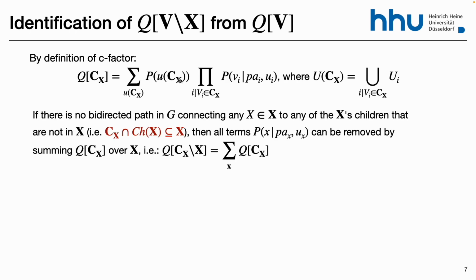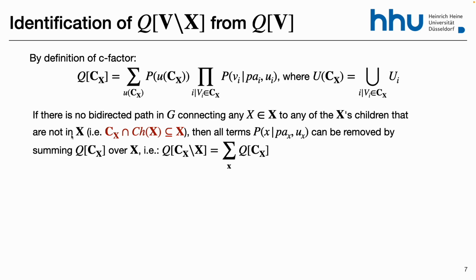And note here that there is a condition: if there is no bidirected path in G connecting X to any of the X's children that are not in X. So that's a condition. Imagine that you don't have any bidirected path between a variable X and the children of any X's in this set X.